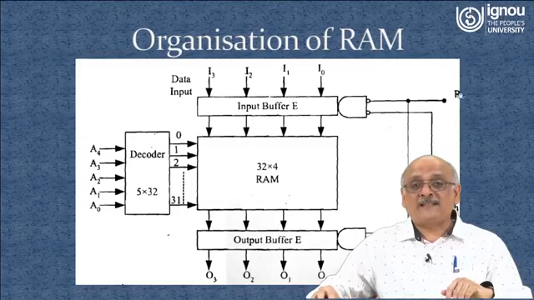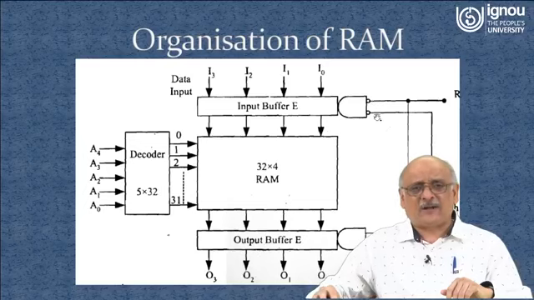Now this is a read-write, alright. Suppose this is for reading. So you will enable this particular AND gate. Let's not go into the intricacies of it. You can study this on your own. This input buffer will be enabled, or the output of this particular AND gate will be, and the O here in this particular case indicates negation.